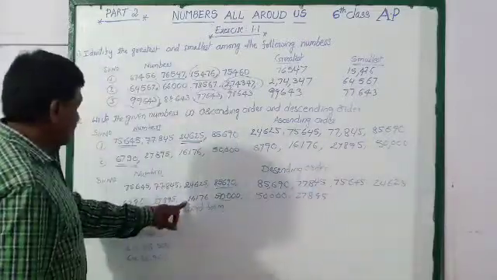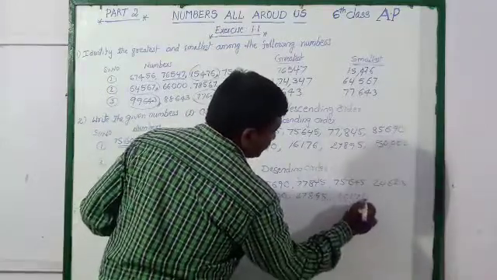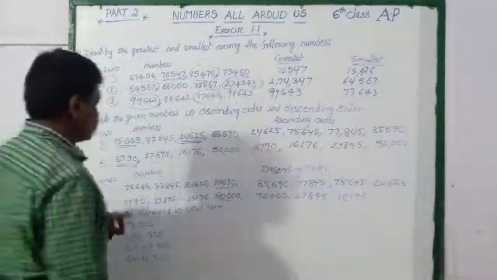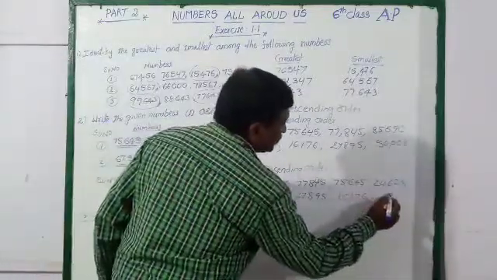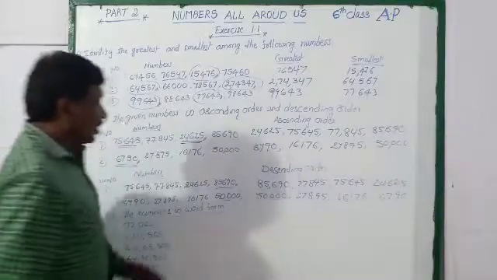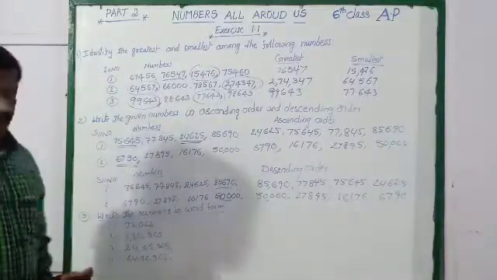Next 16,176. Next 6,790. So greatest to smallest is the descending order.